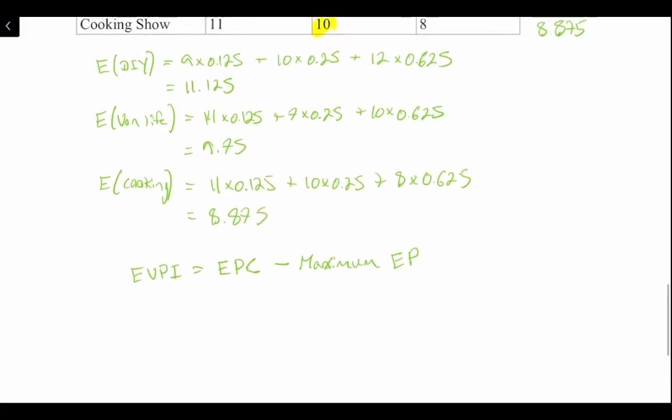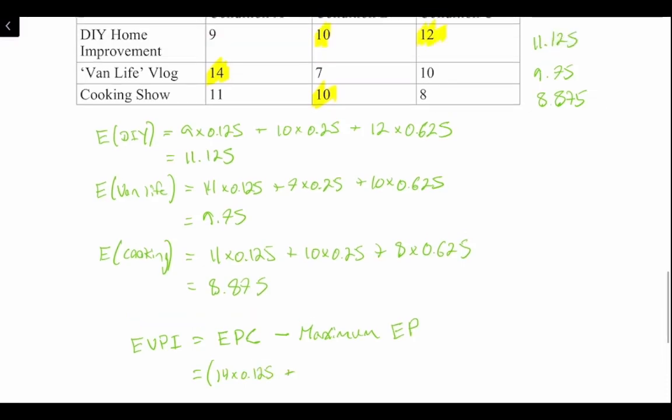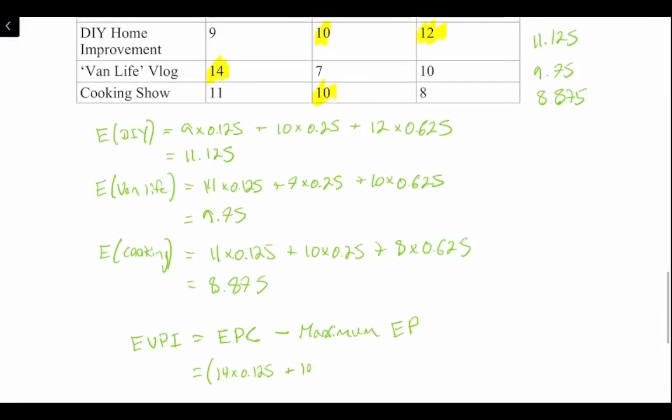So to calculate our EPC, we're simply going to do 14 times 0.125, that's the probability that it occurs, plus 10 times 0.25 plus 12 times 0.625 minus our max EP.